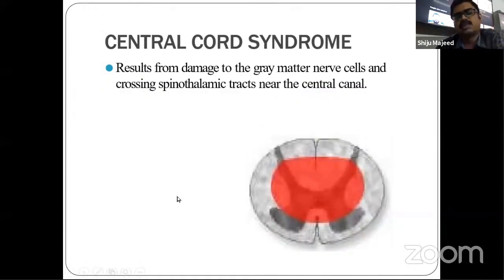Then there is the central cord syndrome. Now, in central cord syndrome, you know that there is a central canal in the center, and there is the gray matter which surrounds the central canal. So when the central canal is expanding due to some problem, there will be damage to the gray matter nerve cells and the crossings, because even the lateral spinothalamic tract will be crossing very close to the central canal.